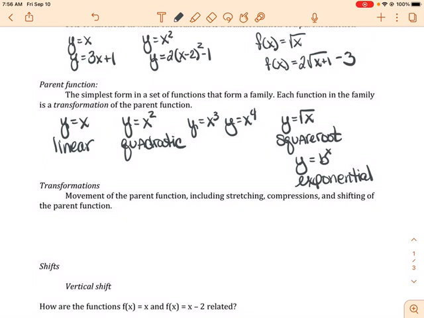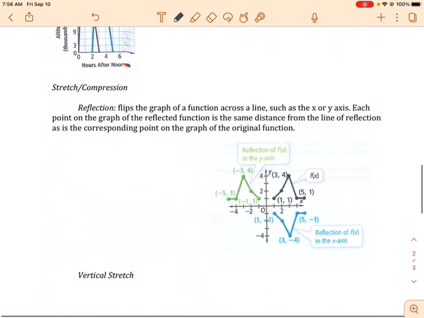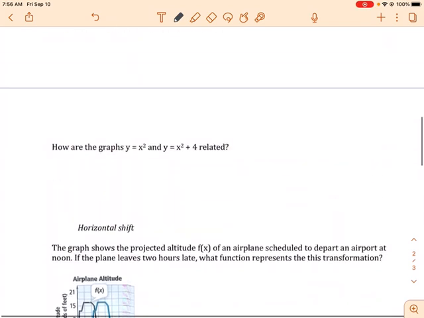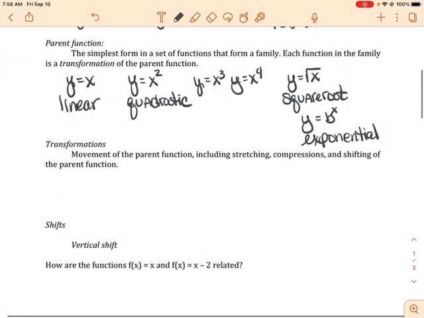You have translations and you have scaling, or what I may call shifts, and compressions and stretches. It's the movement left, right, up, down, and the vertical stretch and compressions.